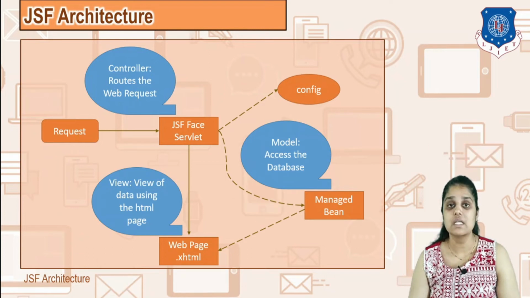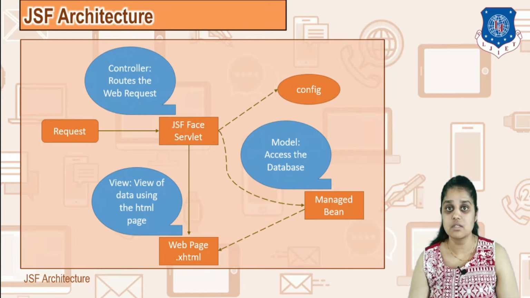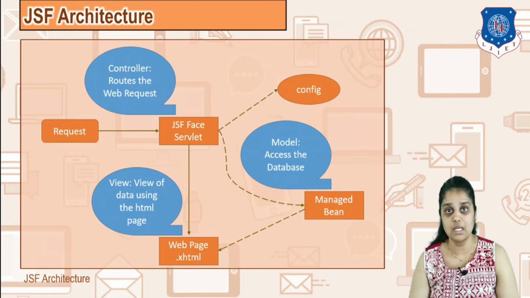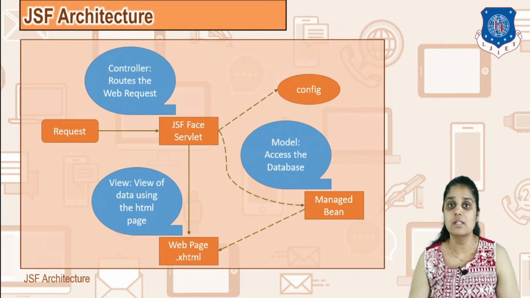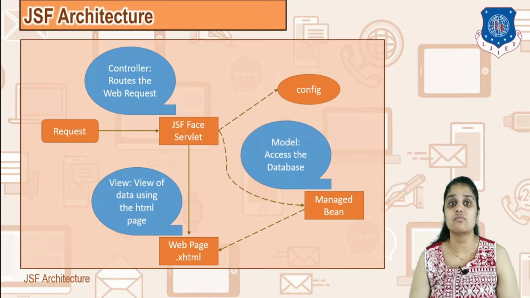You are sending a request to the controller, which is your Faces Servlet, and this servlet is going to make use of two different files, the config file and the managed bean file. Now this managed bean file is nothing but a model which is going to help you to access the data from the database, and using these two files the Faces Servlet is then going to redirect or send a response back to the client in the form of a view or HTML page. So this is how your JSF actually works.